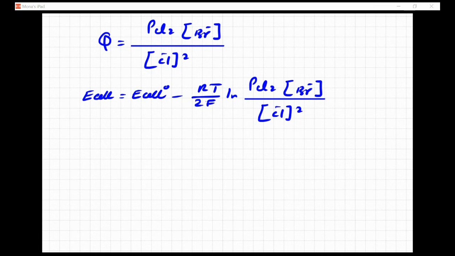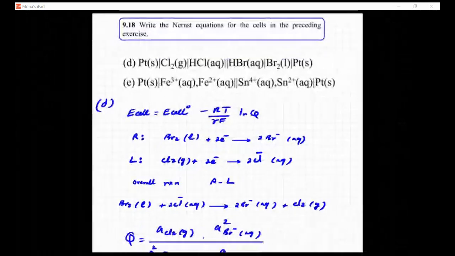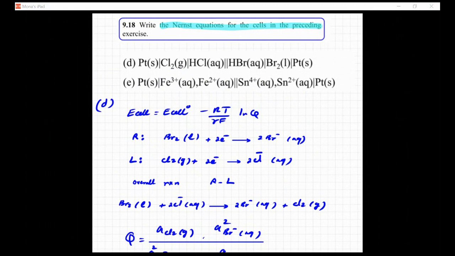Last time I stopped here, and we were solving this question where we wanted to write the Nernst equation for the cells in the preceding exercise, which was 9.17.